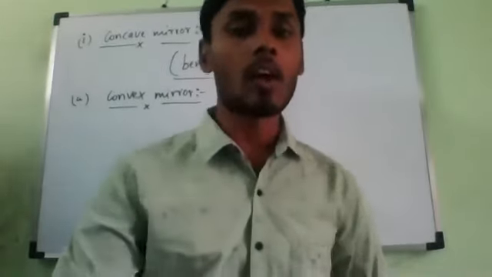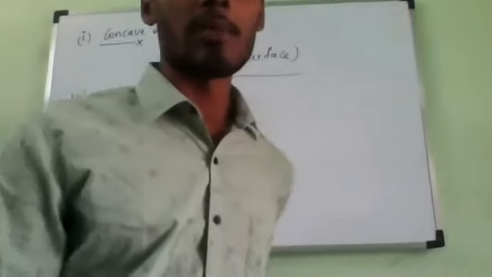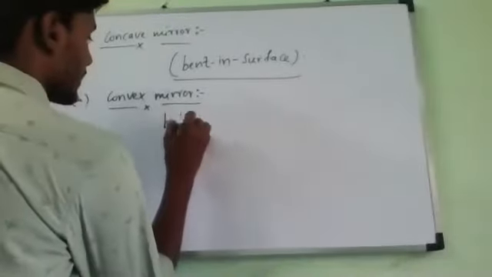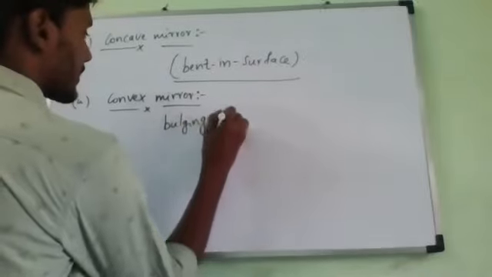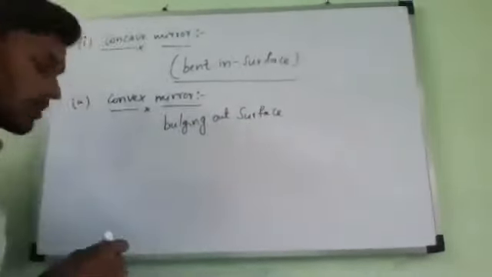What is another name for the convex surface? Bulging out surface. Bulging out surface.